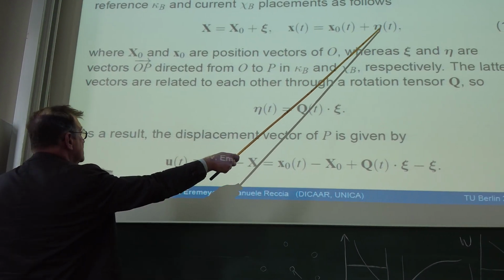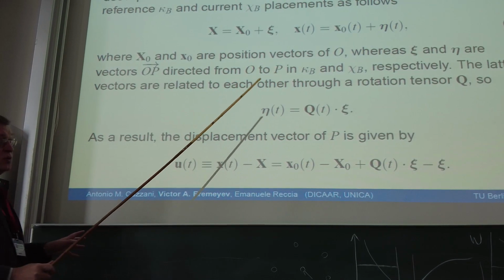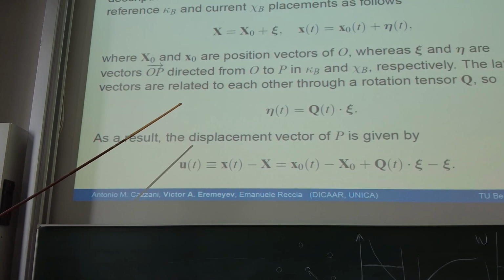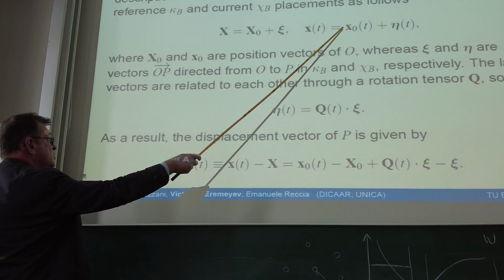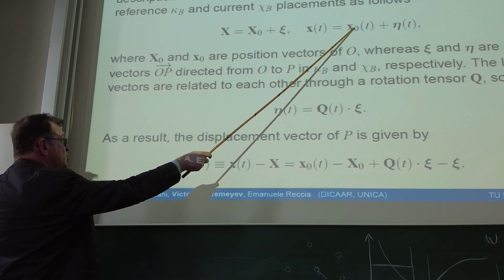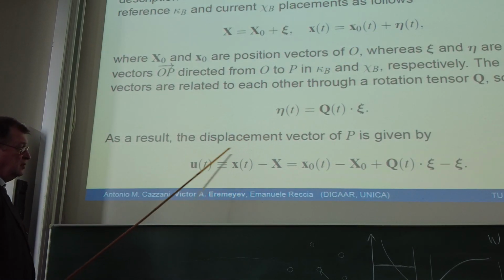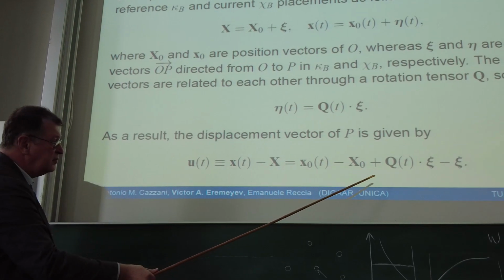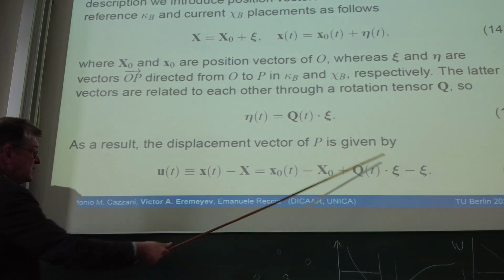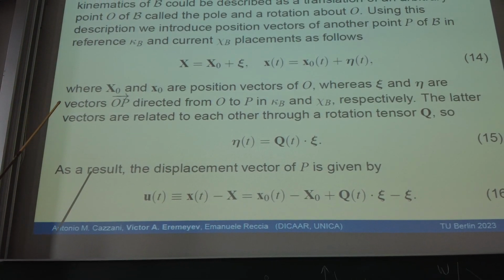This theta vector is just a rotation, because now we have only translations and rotations. The description of rigid body dynamics can be done as translation of one point and rotation about this point. Finally, the displacement vector looks like that, and psi is just the position vector of any arbitrary point in the rigid body.